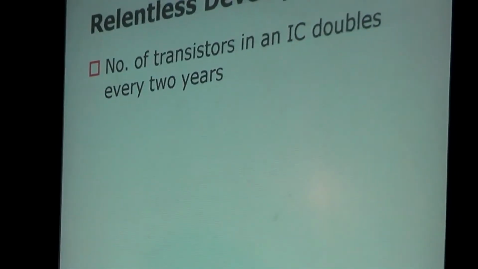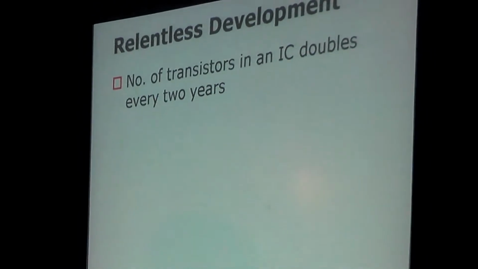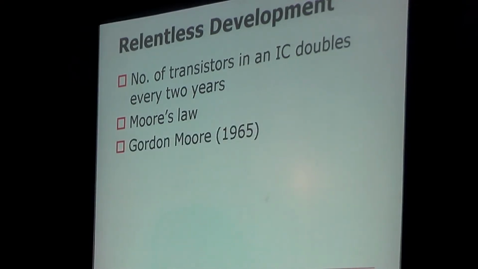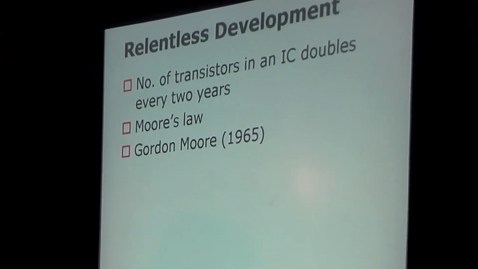And there is a relentless development after that, and the law that governs this, or governed this rather, is that the number of transistors in an IC doubles approximately every 2 years. This was the famous Moore's law. Gordon Moore, who later became one of the persons who started Intel Corporation, in 1965 specified this law, which is known as Moore's law.